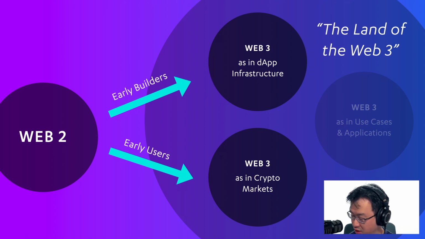The early users, the first person to download a Bitcoin wallet, a person who installed MetaMask to actually trade ETH or trade certain tokens. They are the early users. They're the people who are blazing the trails in participating in Web3 as in the crypto market.